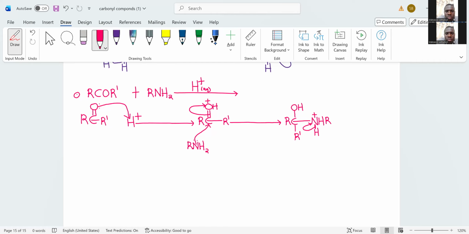As a result, what do we have? We have hydrogen shift resulting in formation of R, C with R prime. This is now oxygen with 2 hydrogens, and oxygen has donated electrons to the hydrogen which has shifted to it, therefore it has a plus.